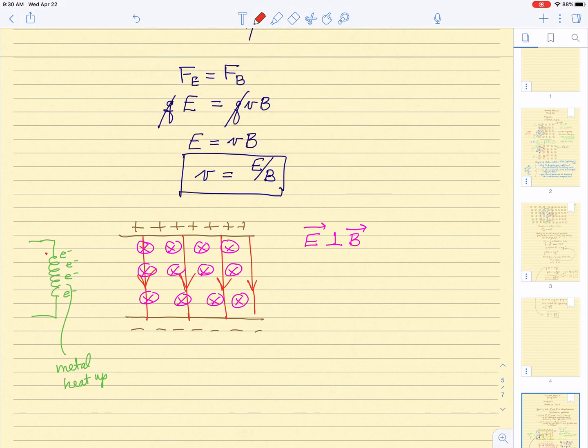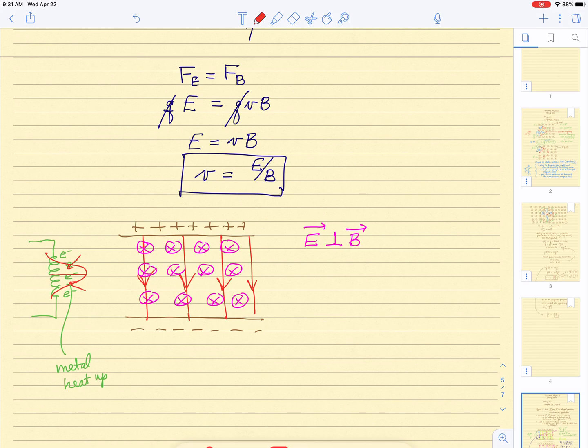And that distribution could be quasi-Gaussian. It's not really Gaussian, but let's just pretend that it is. So it has some average velocity, some average speed. It's got some that are higher, some that are lower. So there's some distribution of speeds with which these electrons come off.